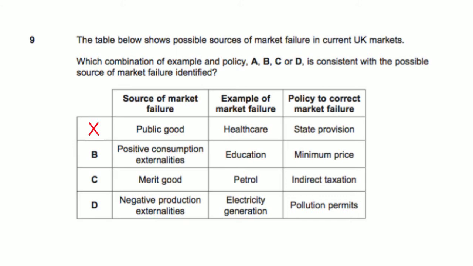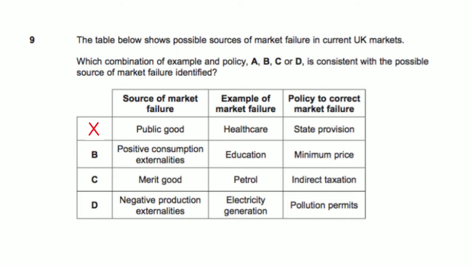This is true. Education is a merit good, and there's a positive externality associated with the consumption of education. According to the question, the policy to correct the market failure is to have a minimum price. If this minimum price was below the current equilibrium price, this policy would have no effect on the market.